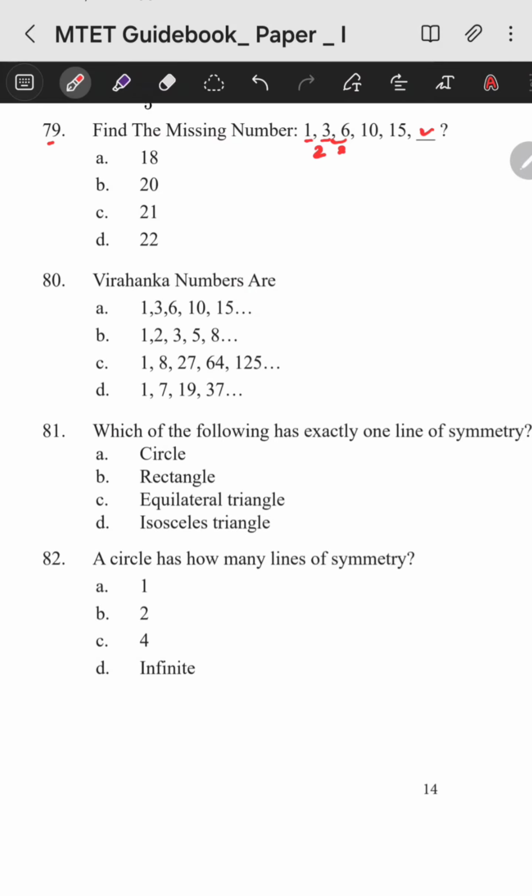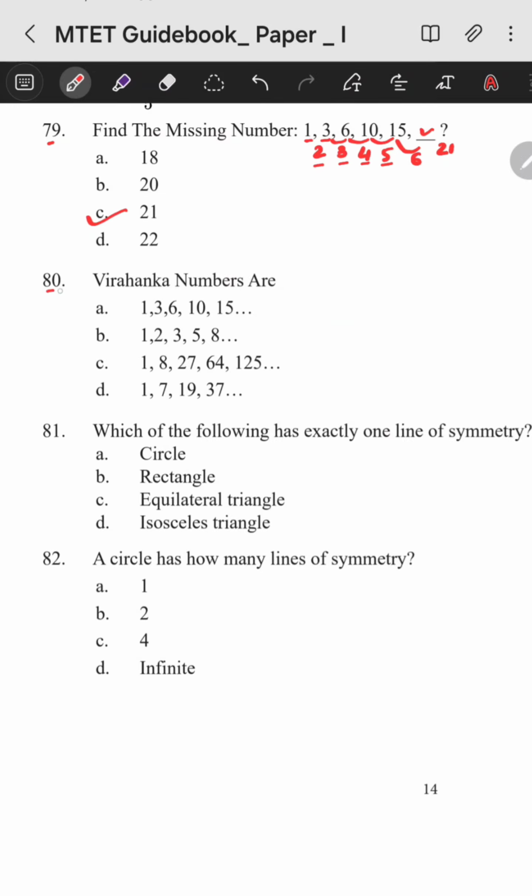That means 3 increases here. 6 becomes 10 here. That means 4 increases. 10 to 15, that means 5 increases. If you see the pattern here, 2, 3, 4, 5, then the next increment will be 6. So 15 and 6 will be how much? That is our 21. So option C is your correct option here.